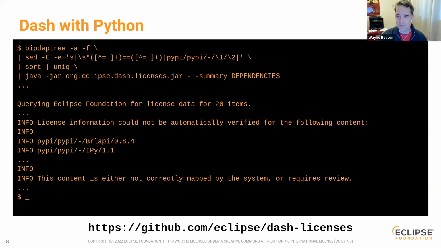It isn't written in Python. It literally knows nothing about Python. The Dash license tool does know what to do with content that you give it. So in this case, Python does know how to get a list of dependencies for content through the pip dep tree command.